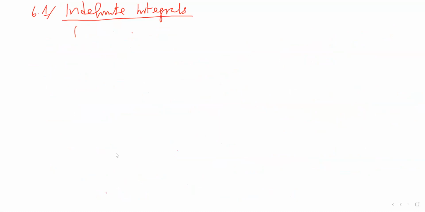We usually write the integral of a function f of s ds to give us F of s plus c. Of course, we already said that f of s is equal to the big F prime.